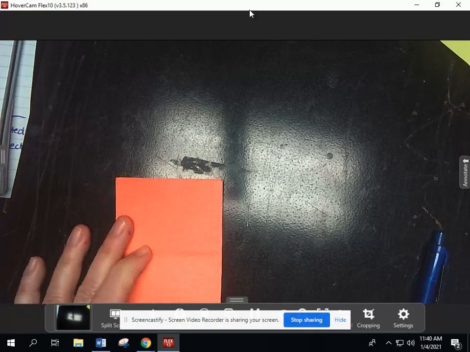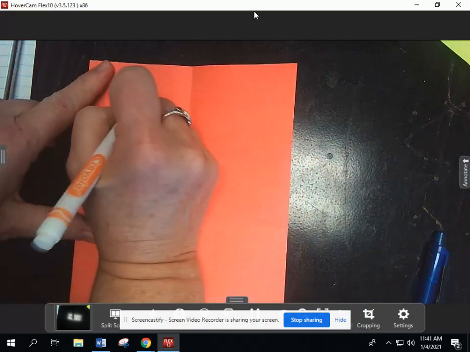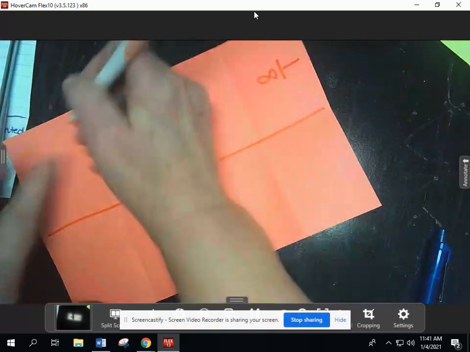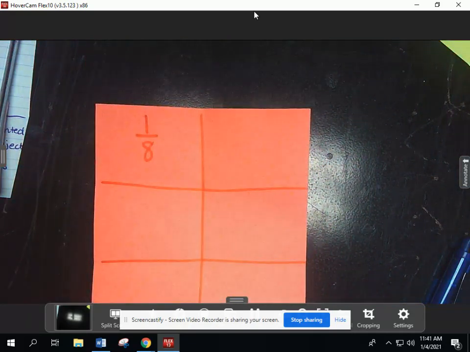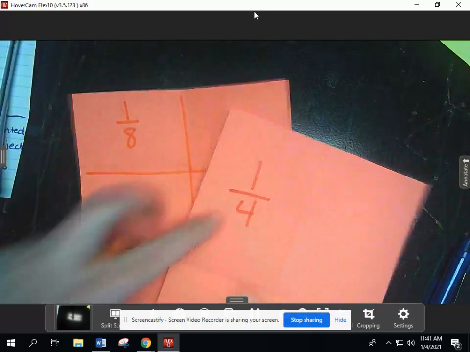Double, double is 4. Double, double, double is 8. Think about how many times we folded it in half. 1/8. I'm not going to use a ruler right now. I'm going to just mark this so you can see it. There's 1/8. So you have a 1/4, a 1/8, and a 1/2 currently.